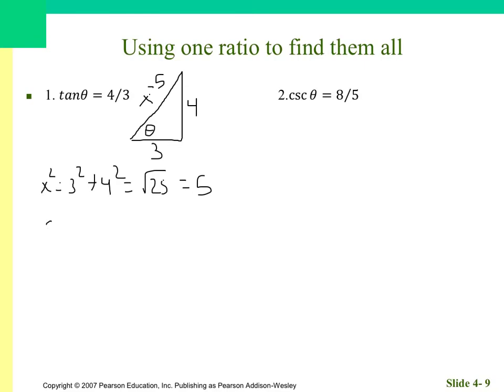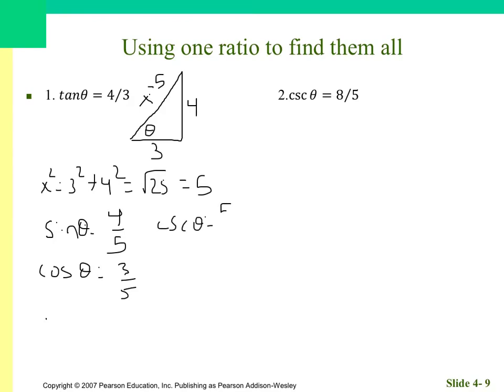So what is the sine? Opposite over hypotenuse. 4/5. Sine of theta. What is the cosine of theta? Adjacent over hypotenuse. We already have the tangent, so what is the cosecant of theta?